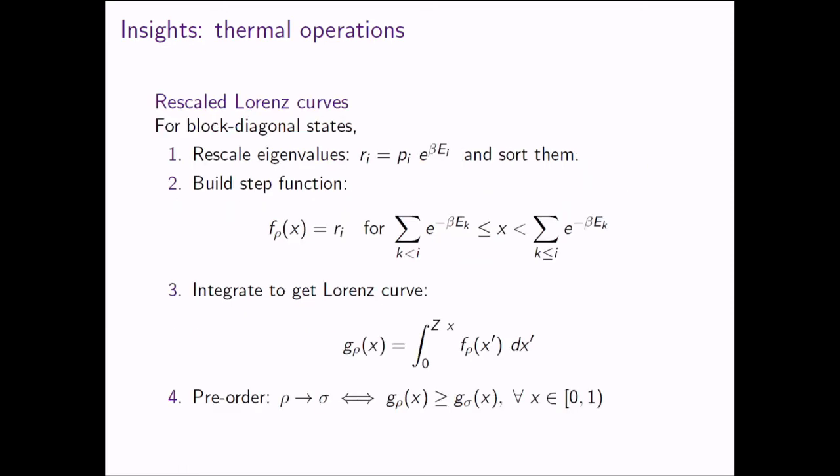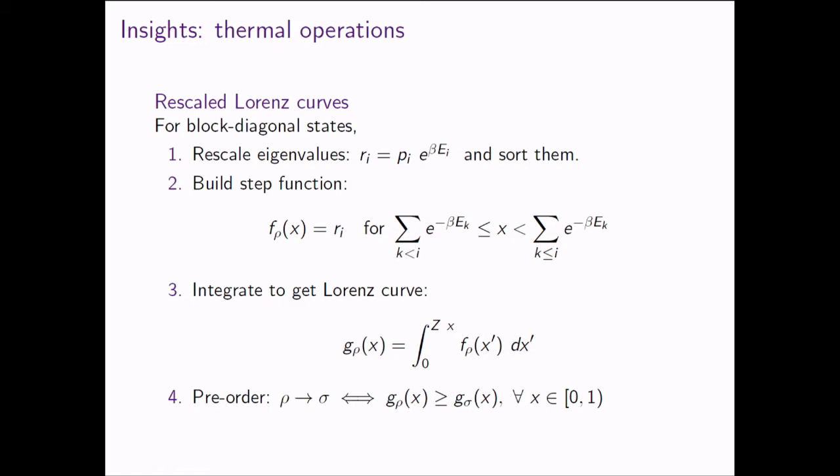So how do you build now these Lorenz curves? The idea is that before, the only thing that mattered was the probabilities. They needed to be ordered. So more pure states are better. But now you kind of have to weigh this with the energies. So the way to do it is you first need to rescale your eigenvalues, multiply them by the energy of your state, like this, and sort them, again, from bigger to smaller.